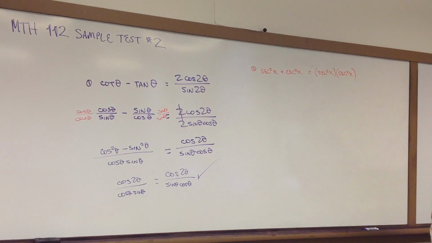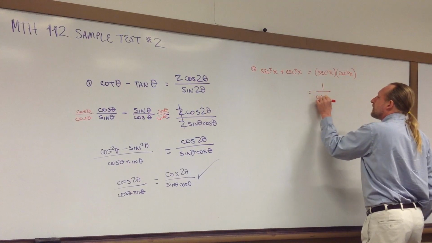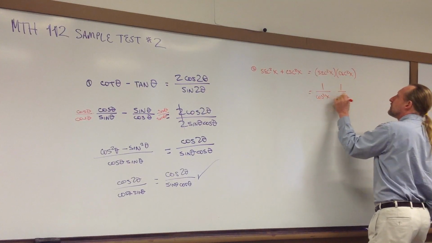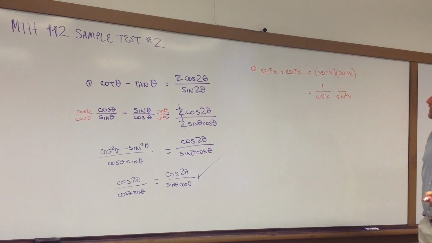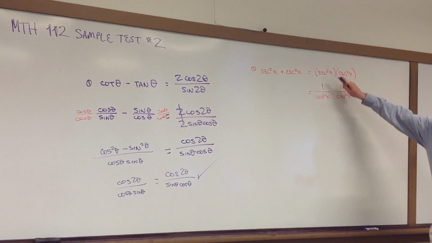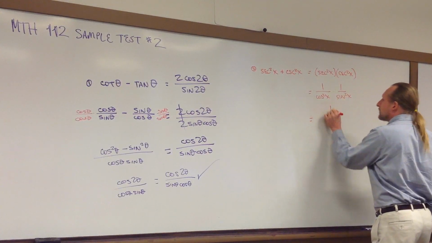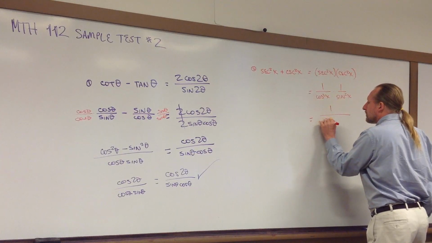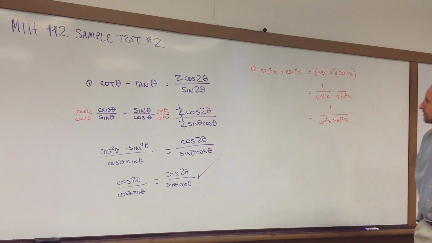Okay. All right. Well, let's see here. Over here, there's not a whole lot we can do other than rewriting these using the reciprocal identities. 1 over cosine squared for the secant, and 1 over sine squared x for the cosecant. And so this will just be 1 over cosine squared x, sine squared x.